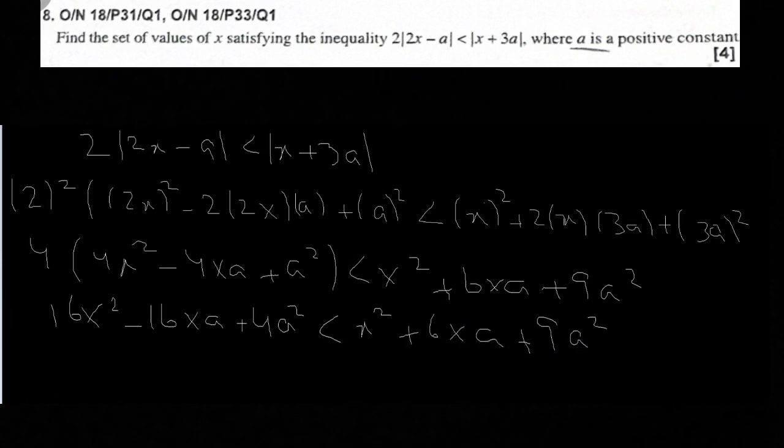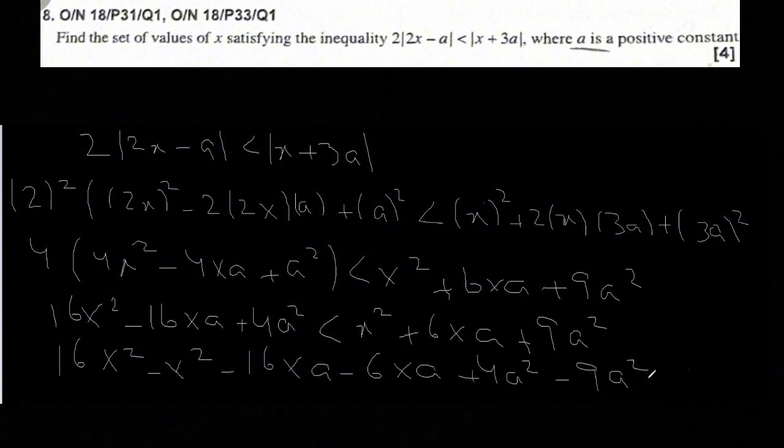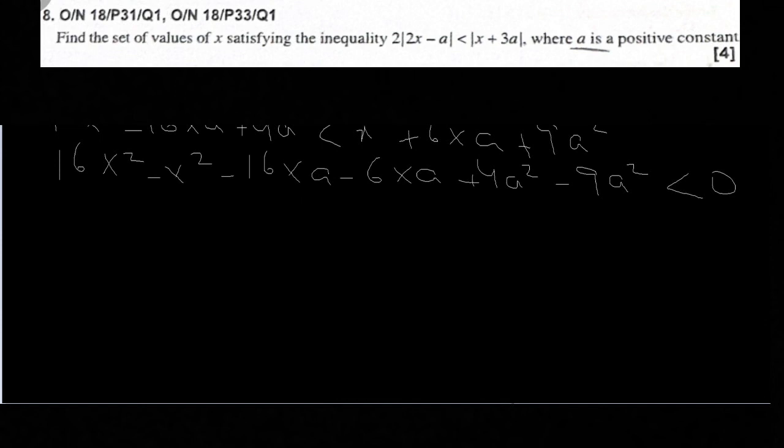Now take the right-hand side to the left-hand side: 16x² − x² − 16xa − 6xa + 4a² − 9a² is less than 0. So this becomes 15x² − 22xa − 5a² less than 0.